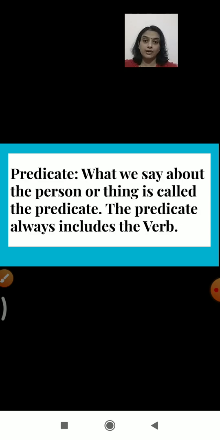About whom we are talking becomes the main subject, and what we say about that subject is the predicate. And a sentence always has a verb, right? So where will that verb go, whether it will go in the subject or in the predicate? The predicate always includes the verb. So the verb will also come in the predicate part. Hope it is clear till here. What is subject and what is predicate?